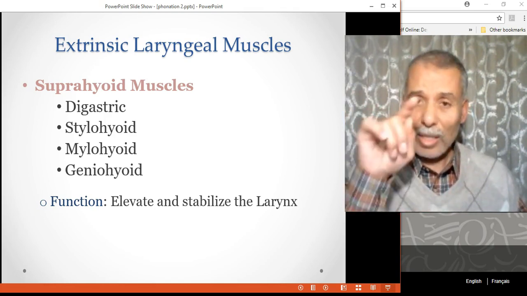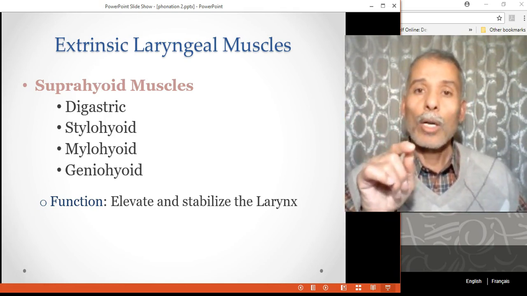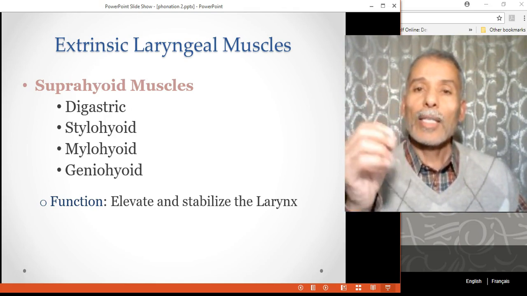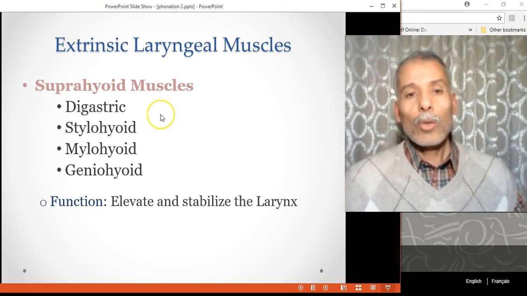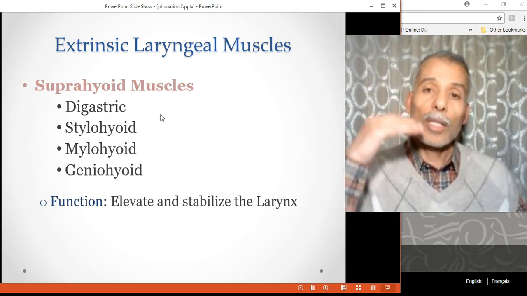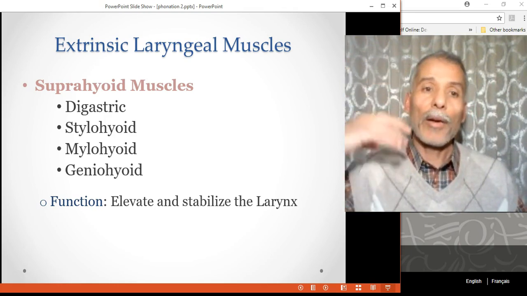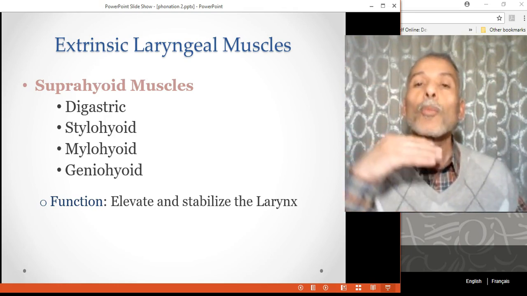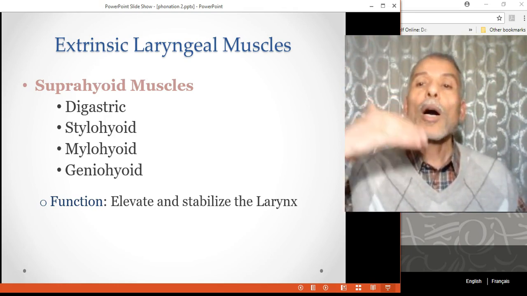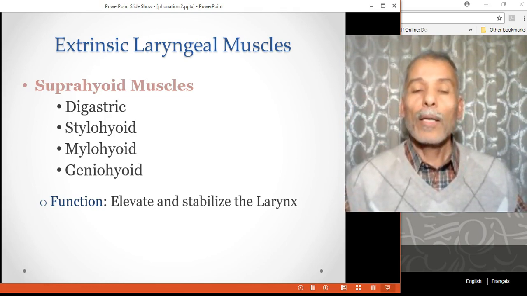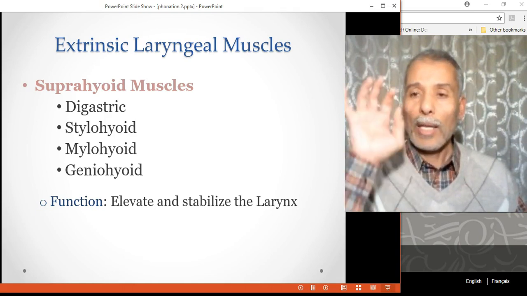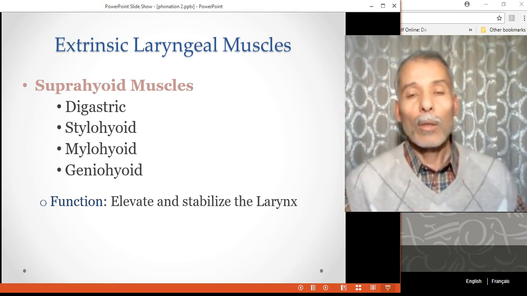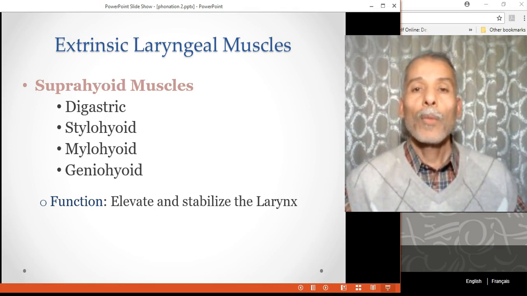That little structure, about the size of a quarter, serves as the point of attachment for many muscles. The extrinsic muscles that originate above are called the suprahyoid muscles, suprameaning above. And the extrinsic muscles that originate below and then go up to insert into the hyoid are called infrahyoid muscles.